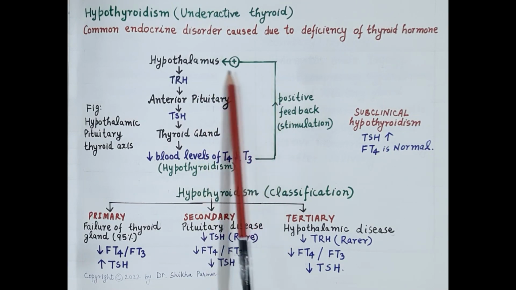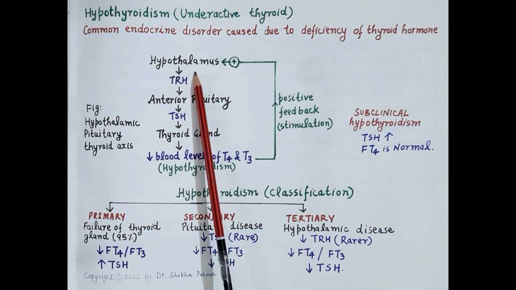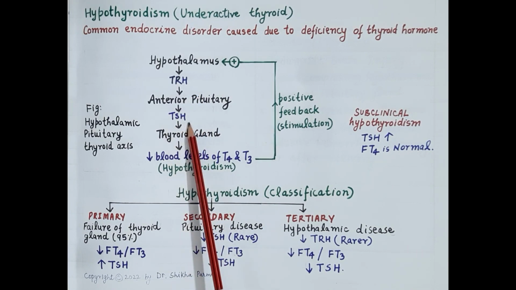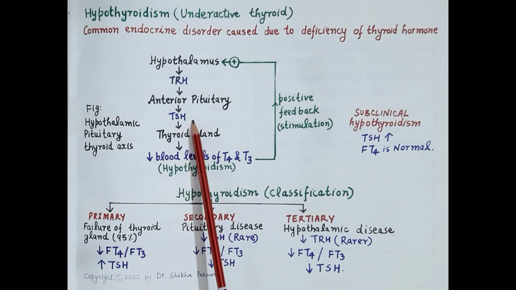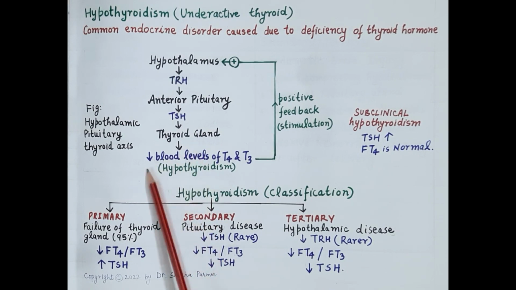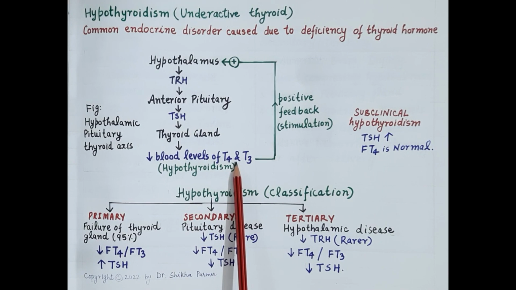This causes stimulation of hypothalamus, and therefore there is increased secretion of TRH. This causes increased secretion of TSH, and so TSH is produced in an amount more than the normal, and this increased TSH constantly stimulates thyroid gland to increase the secretion of T3 and T4 so that this deficiency of T3 and T4 could be prevented.